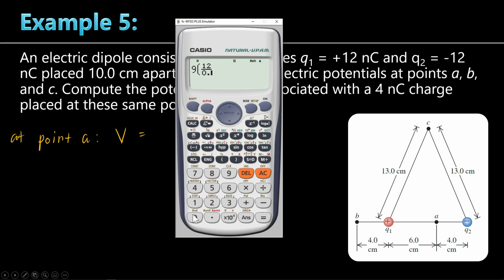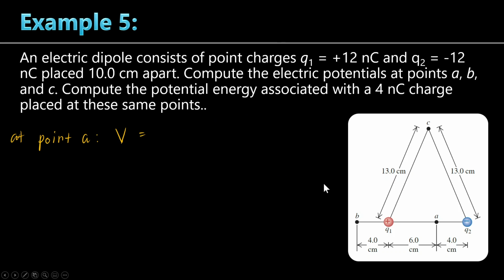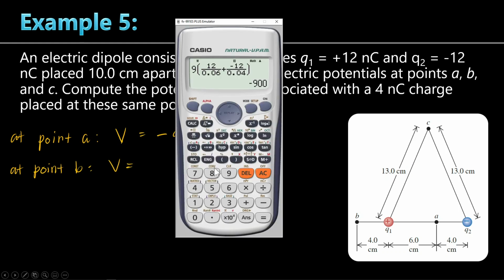So 0.06. Tapos plus. For Q2, we have negative 12. Tapos gaano siya kalayo yung Q2 mula sa point A? 4 cm. 0.04 meters. Okay. Close parenthesis equal. So we have negative 900. No? Negative 900 volts.